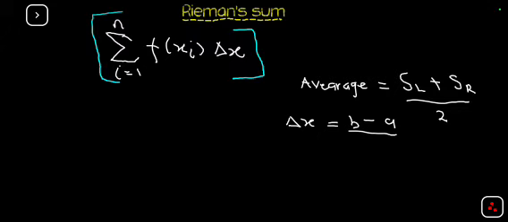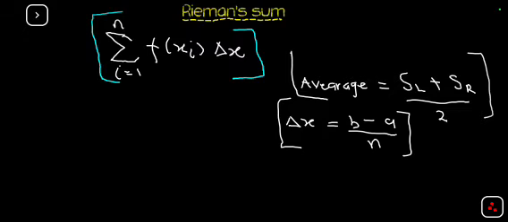For that we had 4, but we will not write it here. Let's just represent it by n. So this is how we get a change in x. Take note, it's another formula to note.